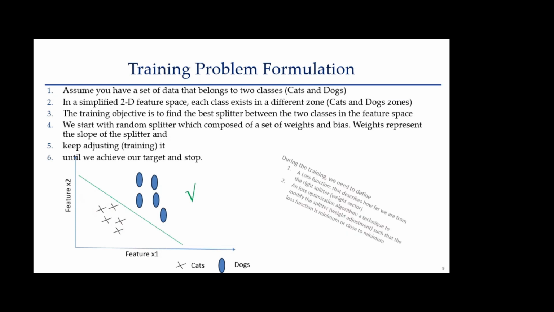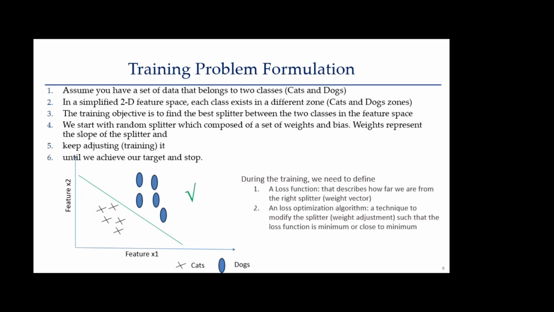It's very important to remember that in order to reach this point, we have to have two elements. First, a loss function. This loss function describes how far we are from our target, which we call the right splitter. We also need an optimization algorithm, or loss optimization algorithm, that helps us move from one possibility of the splitter to another. This technique is very important.